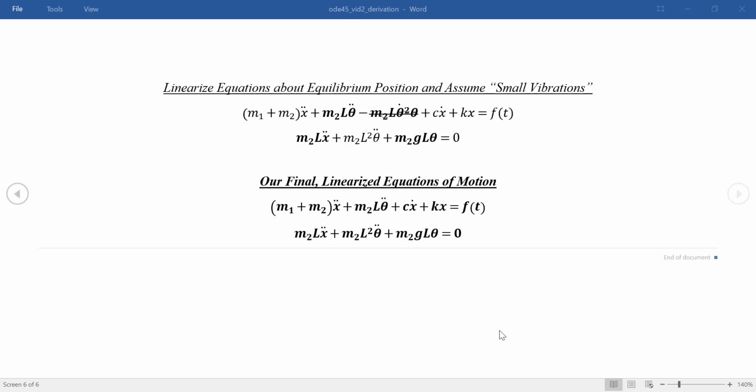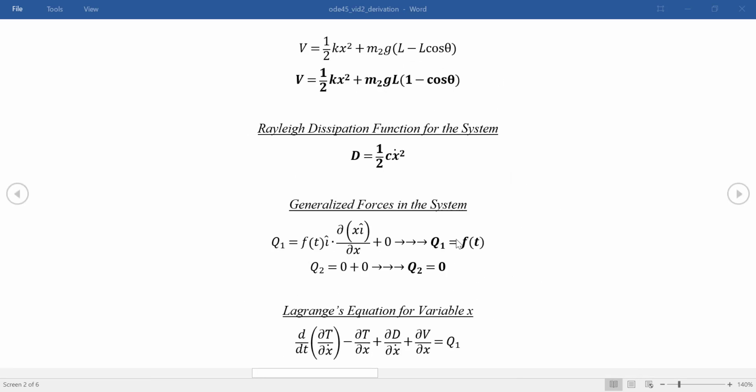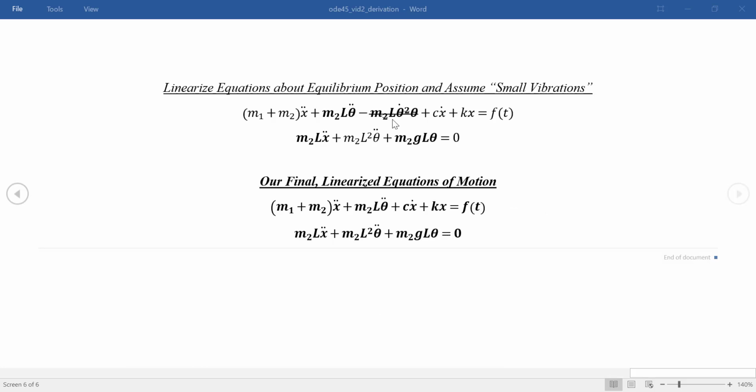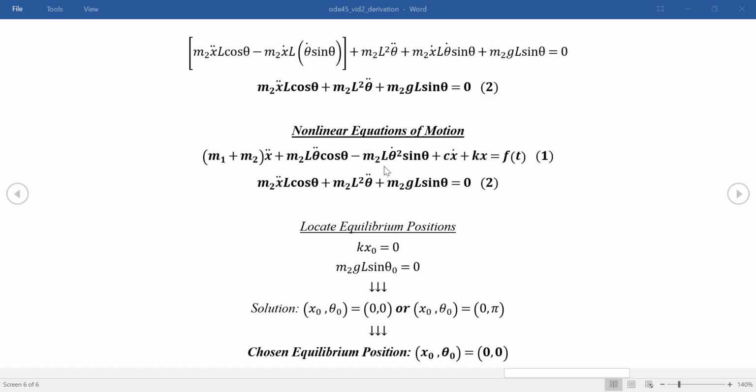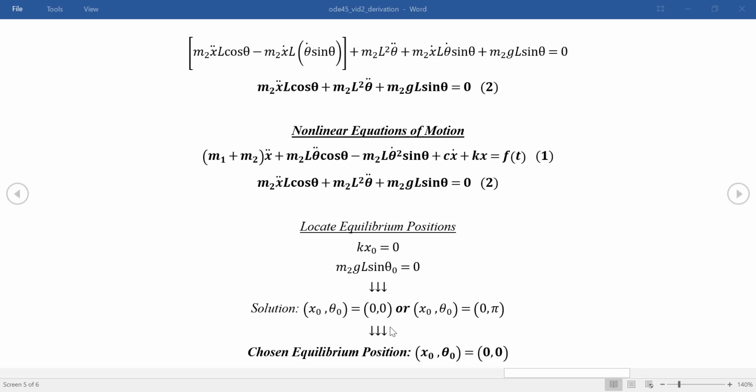This is extremely important for a few reasons. First of all, let's go ahead and talk about linearizing about the equilibrium positions. Because theta is 0 at its equilibrium position, and we're linearizing about that position, as long as theta stays small, then all of our cosine thetas just become 1s, and all of our sine thetas just become thetas.